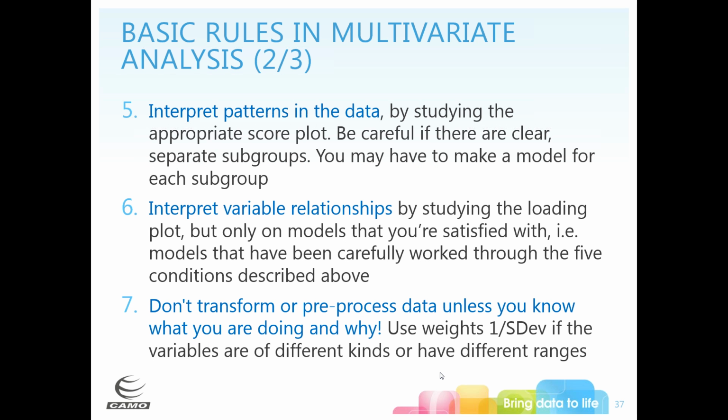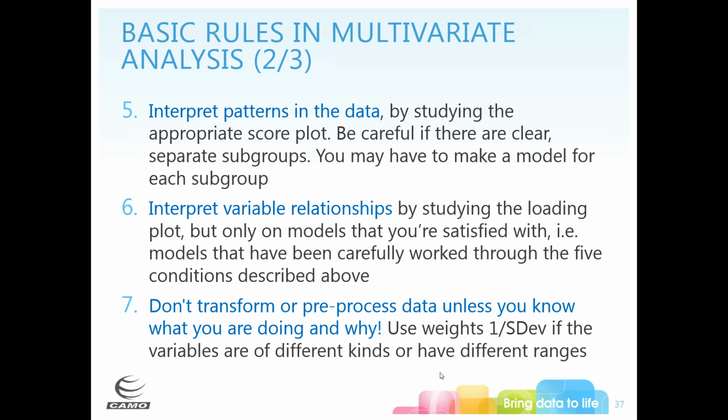Interpret the patterns you see in the data by studying the scores plot. Make sure if there are clear separate subgroups, you may have to make new models for each individual subgroup depending on what you want your analysis to do. Interpret your variable relationships by studying the loading plot, but only on the models that you're satisfied with.